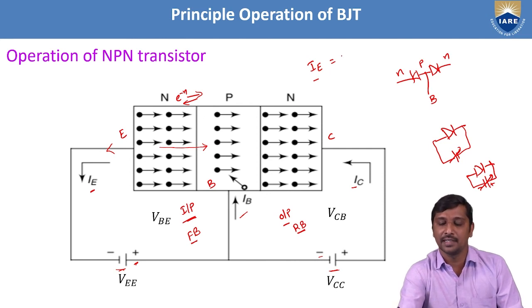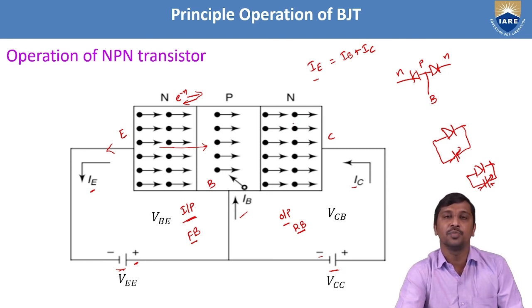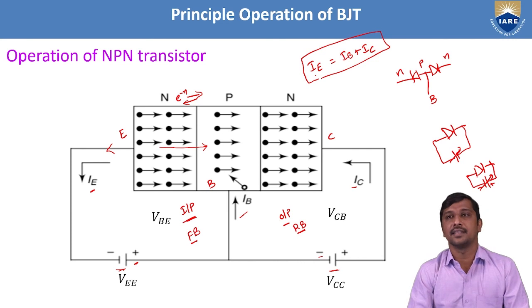So the emitter current is the summation of the base current and the collector current. Based on the construction, doping levels and regions of the BJT, only 5% of the charge carriers go to the base, and the remaining 95% go to the collector to produce the collector current. So this is the principle of operation of a transistor.